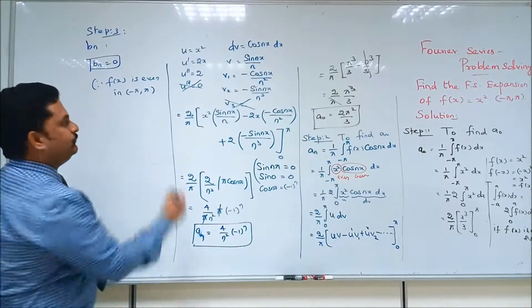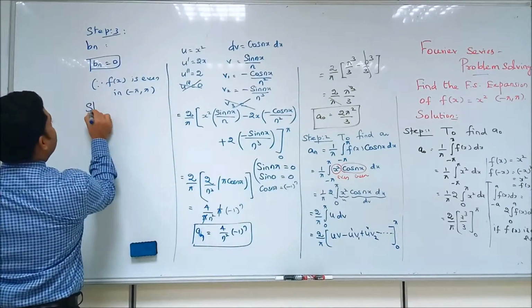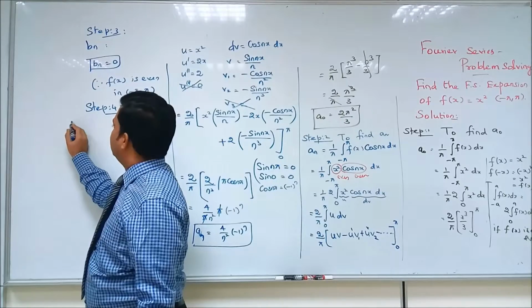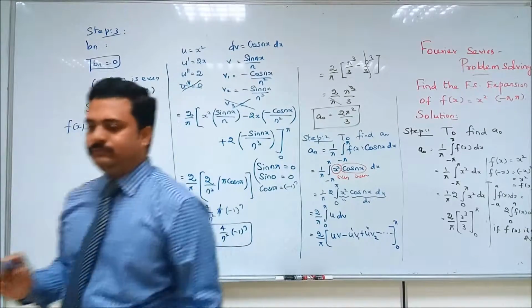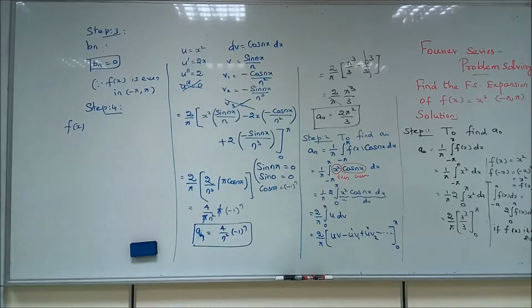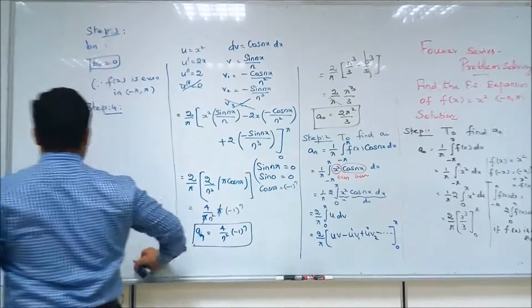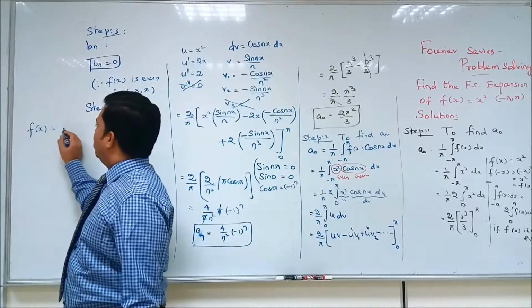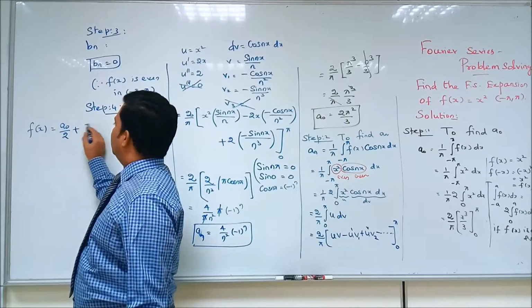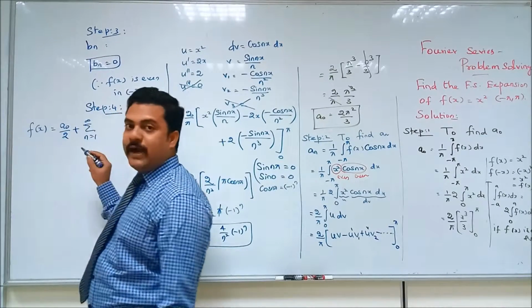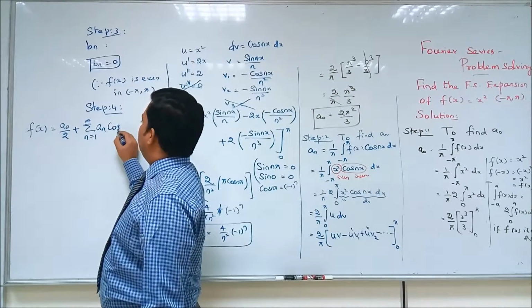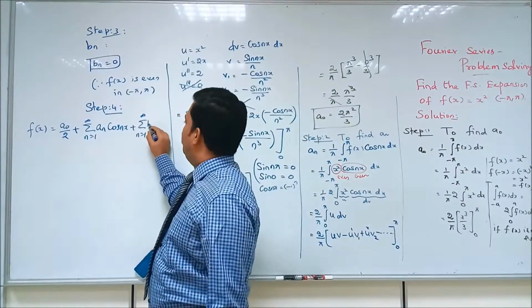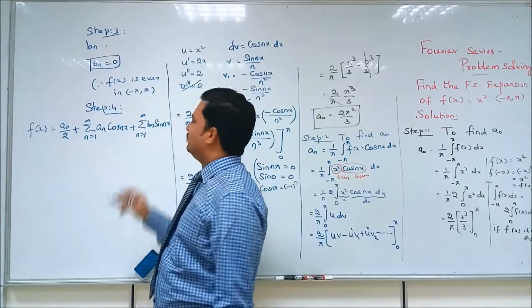Write the Fourier series now. The rule for Fourier series. So now it is step 4. The rule for Fourier series is f of x is equal to a naught by 2 plus summation n equal to 1 to infinity an into cosine nx plus summation n equal to 1 to infinity bn into sine nx.